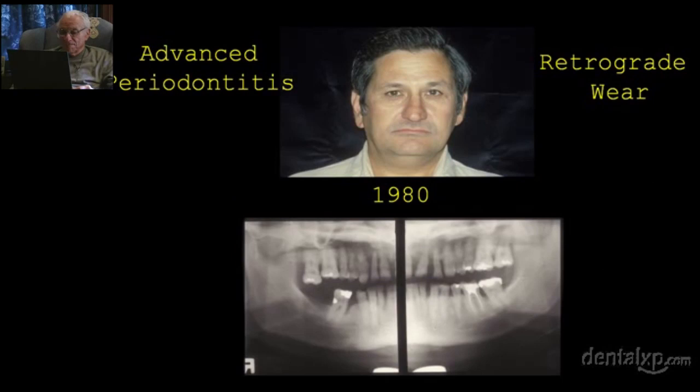I therefore selected a case that I felt was a real challenge to represent the period through 1980, in that it represented advanced periodontal disease, many aspects of trauma from occlusion, including severe retrograde wear that was primarily due to external environmental sources.